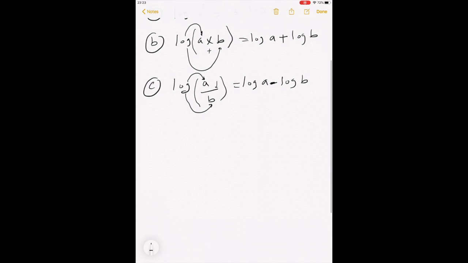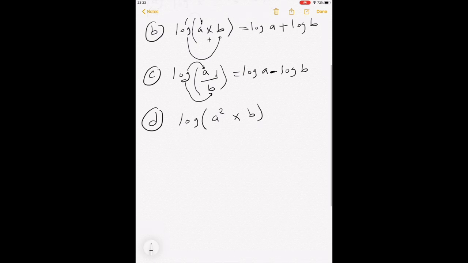Let's look at d. So you have log, and then a bracket again, a squared multiplied by b. You may get the brackets, you may not, so it's exactly the same. So log a^2 b, that's actually the same thing.